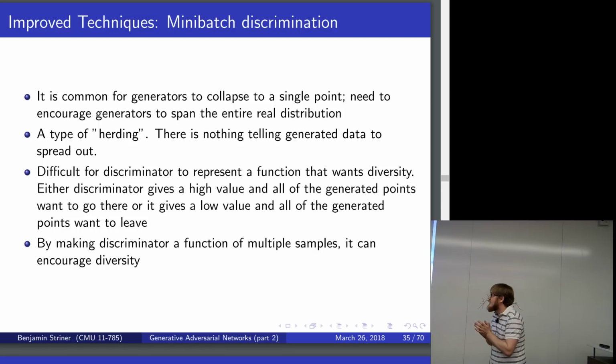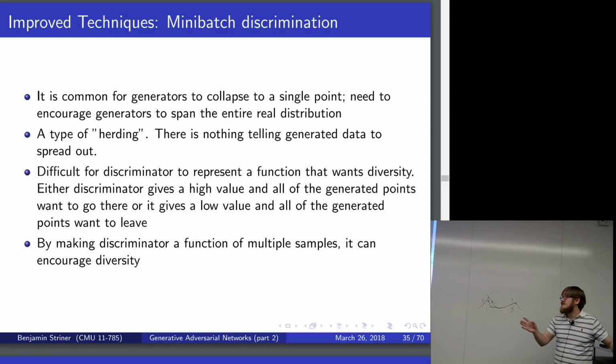And because it gives you that extra power, it discourages mode collapse, and that's basically what they found: by including multiple samples in their discriminator, and their discriminator not just looking at one at a time, it encourages diversity. That's one way to address mode collapse, and we'll see many others.